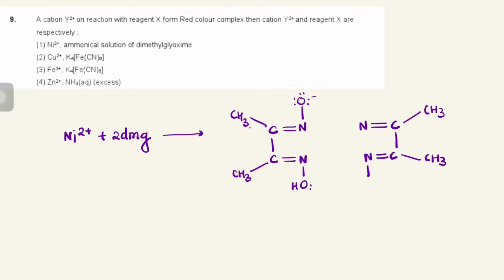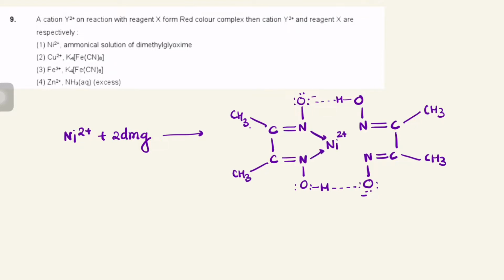Here it will be O negative, and here it will be OH. This will be involved in the hydrogen bonding, so let me write it here. That is the intramolecular hydrogen bonding.